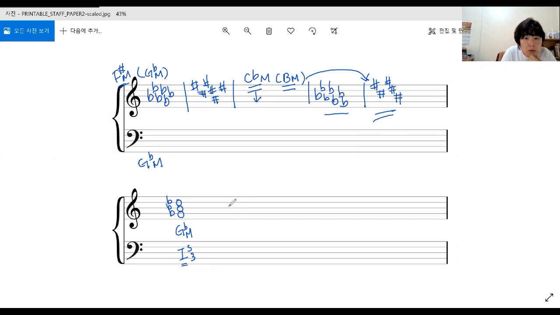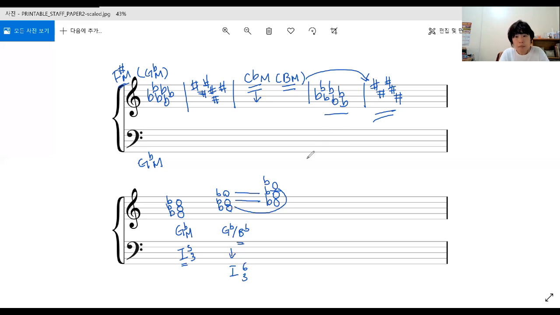And then when you do the first inversion, B flat, D flat, G flat, we also have three flats. What about the bass one? B flat, right? And then this one is 3, 6, right? D flat and G flat are the same, and then B flat goes up.